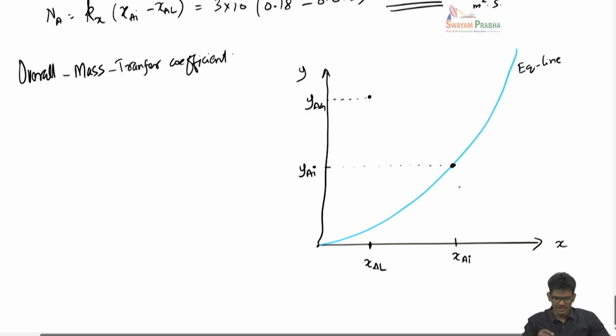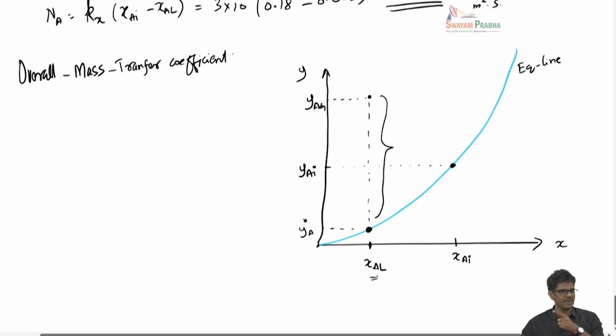Let us say that we want to write the total mass transfer rate corresponding to the driving force YAG minus YA star. What is YA star? YA star is the equilibrium concentration with XAL.